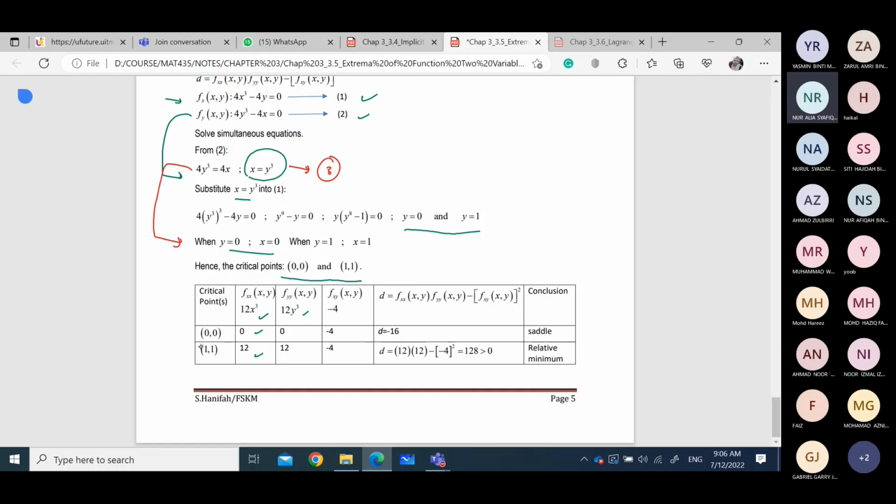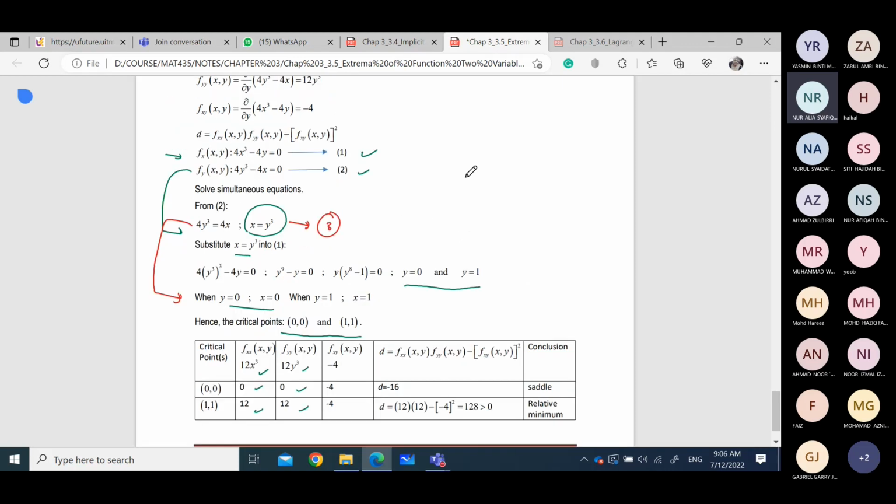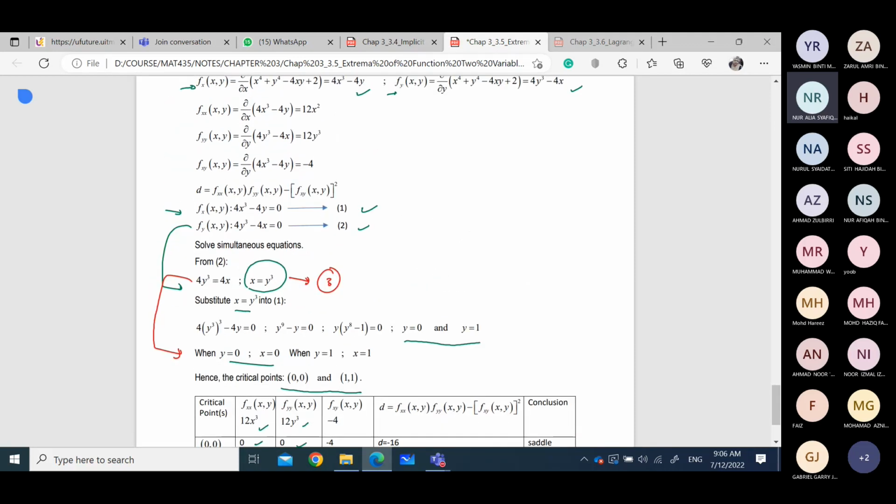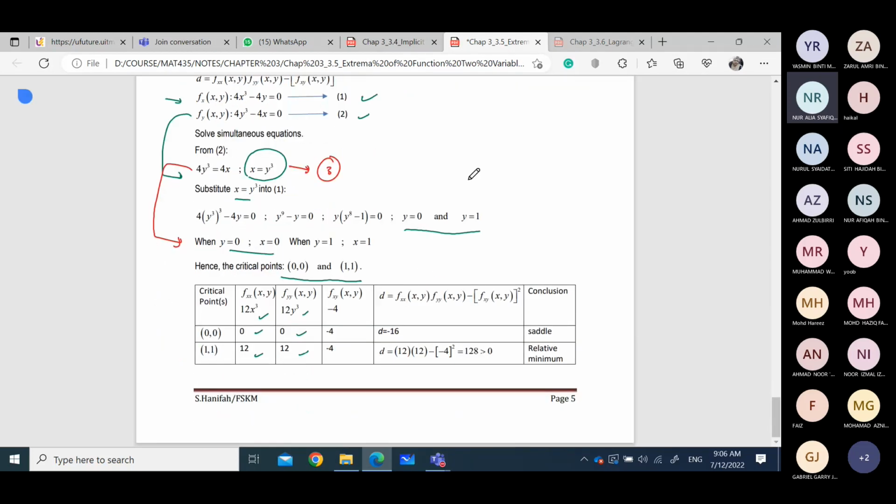So we enter the value of y, and here we have 0 for the point (0, 0) and 12 for the point (1, 1). For the mixed order, which is the second order partial derivative with respect to x and y, we have a constant, -4. So we enter this value at both critical points. Then we find the discriminant based on this formula. For the first critical point, we have negative 16.